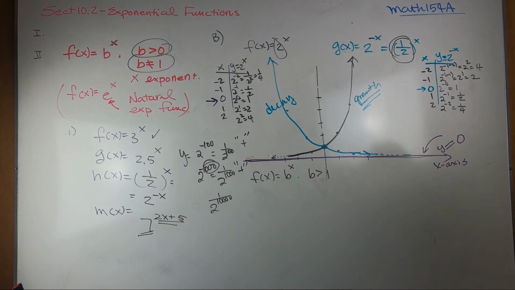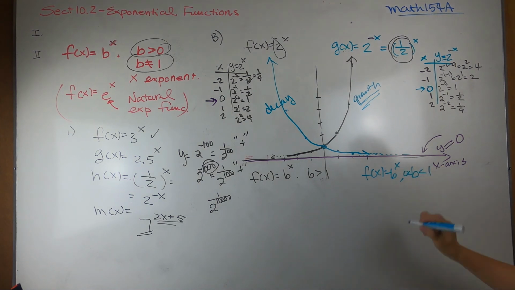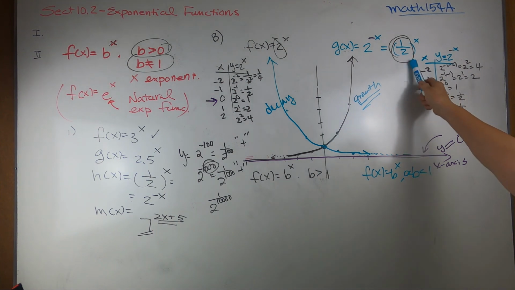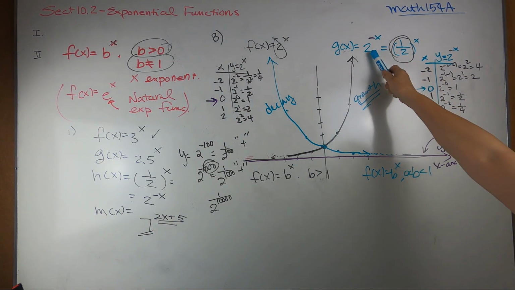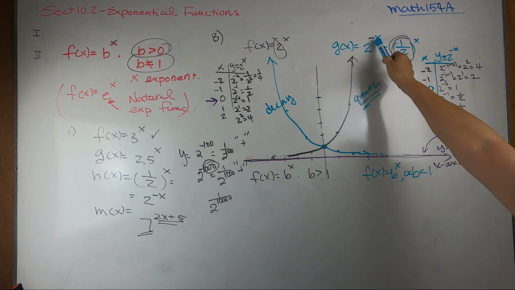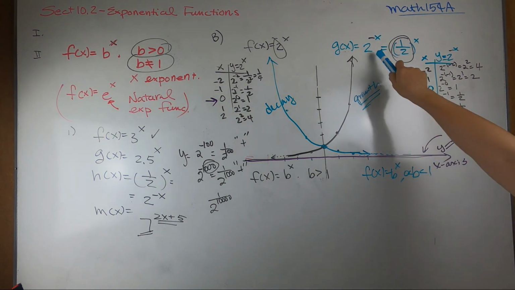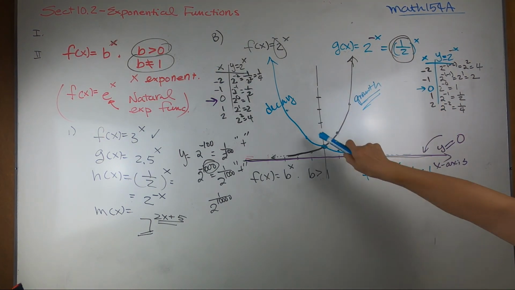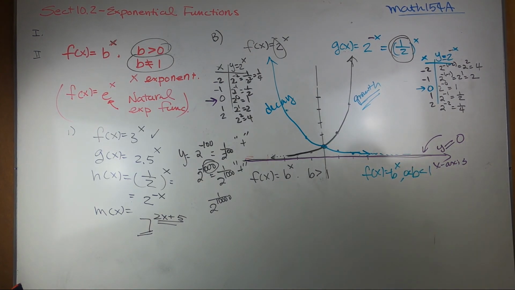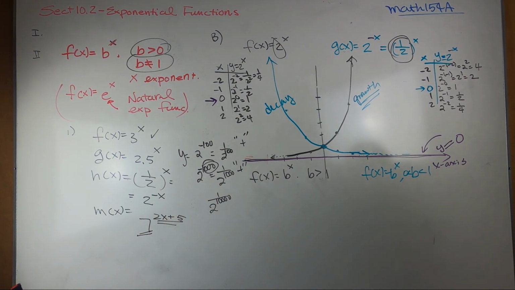If I have f of x equals b to the x, still x, not a negative x, but b is between 0 and 1, like half and third, you can change the exponent to become negative. Actually, it will be this graph for the exponential decay.